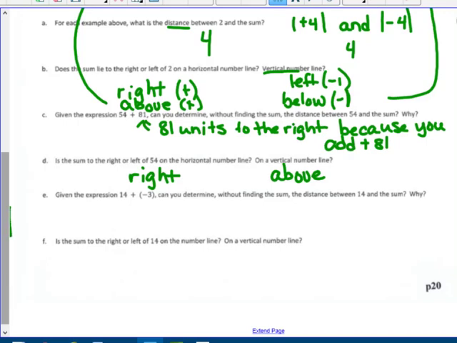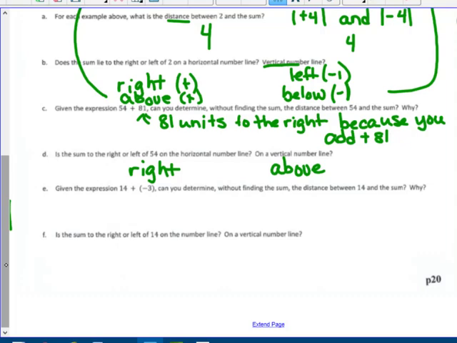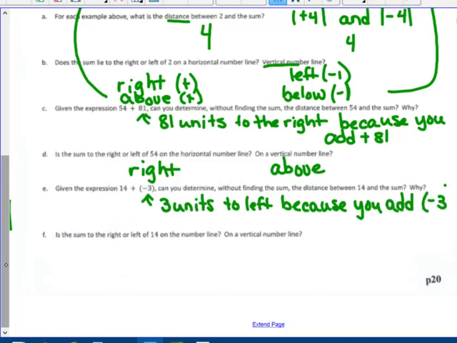Given the expression 14 plus negative 3, can you determine without finding the sum the distance between 14 and the sum? Well, it's going to be 3 units, because that's what I'm adding, to the left, because I'm adding negative 3. 14 and negative 3 would get me to positive 11.